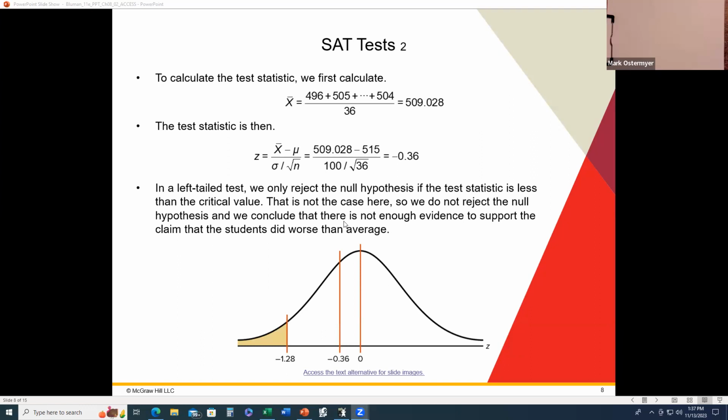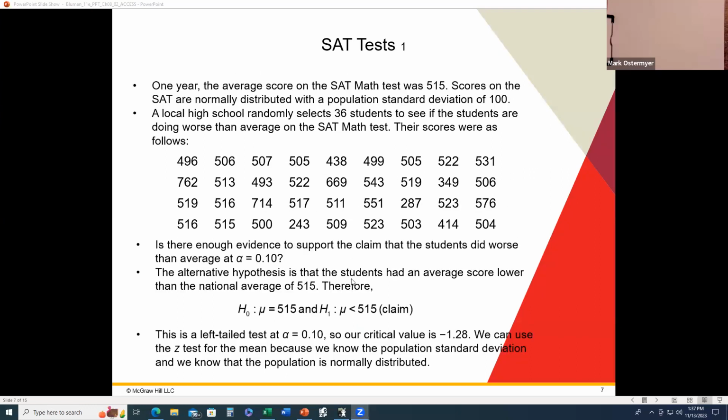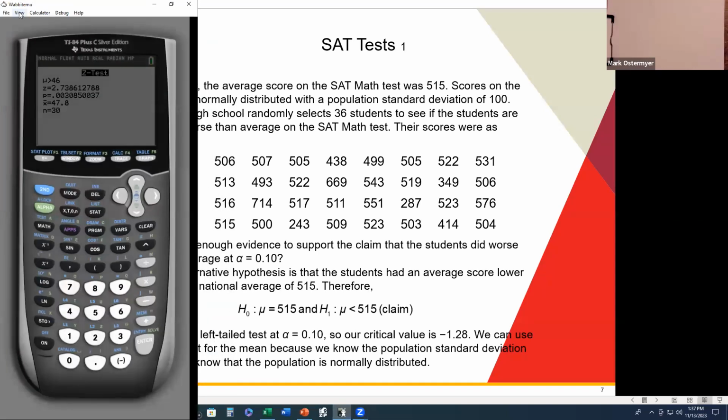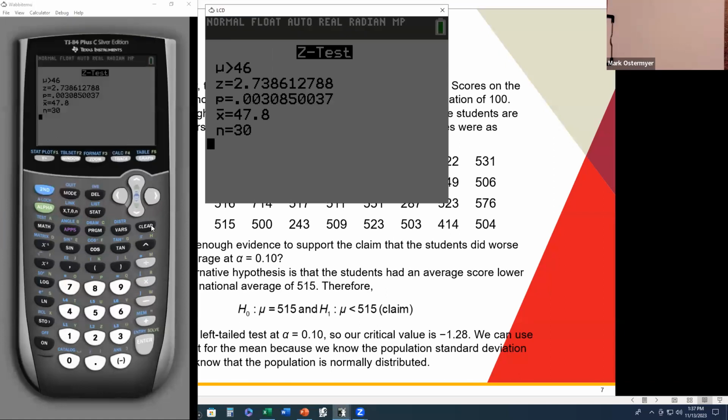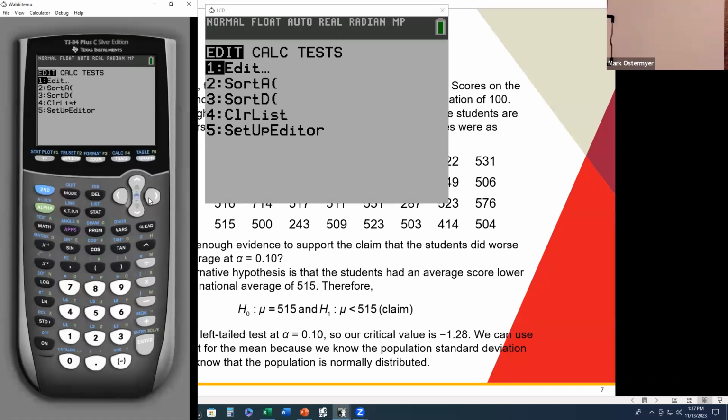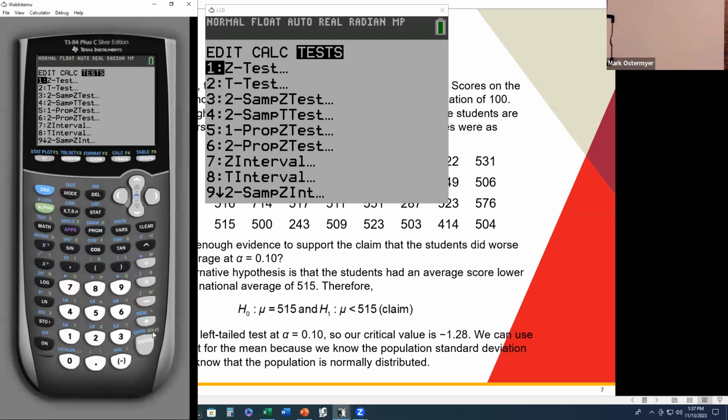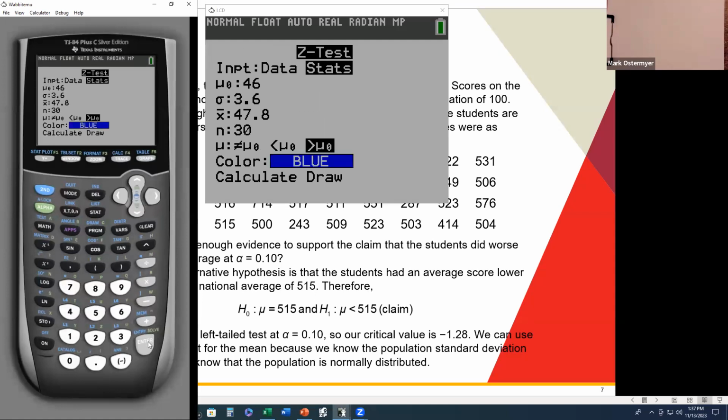Okay, let's conduct this test now using our calculator. All right, so stat, test, z-test. Stats are already computed. Under the null hypothesis, the mean of the population is 515.